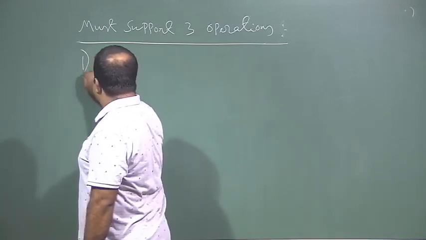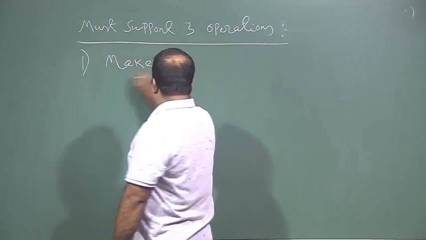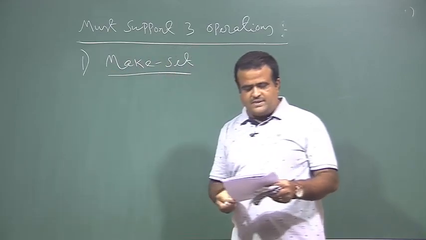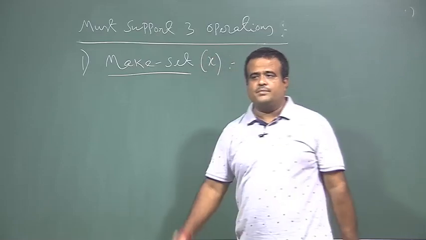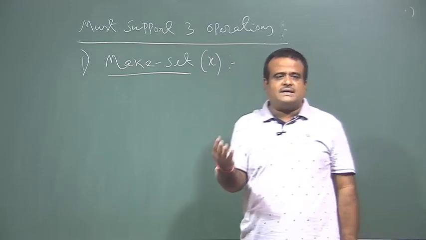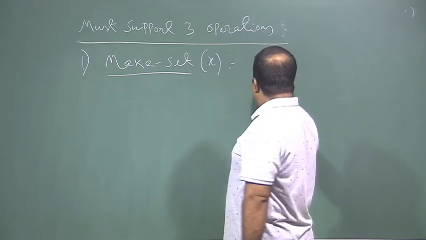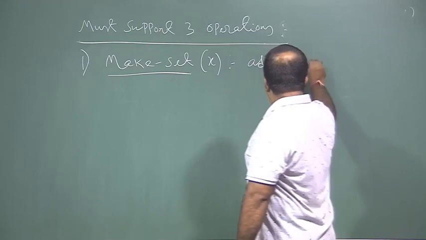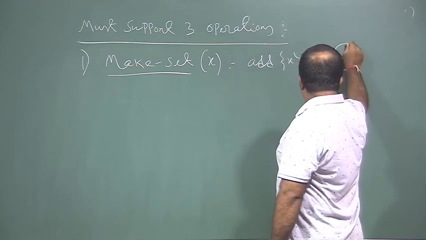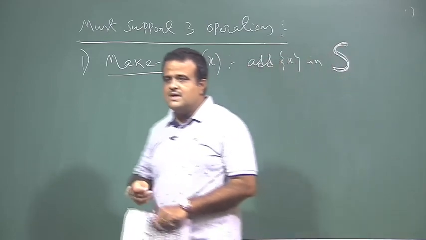The first operation is make set. We are given an element x, and we have to make a singleton set. We have to add this singleton set to script S, which is the dynamic collection.